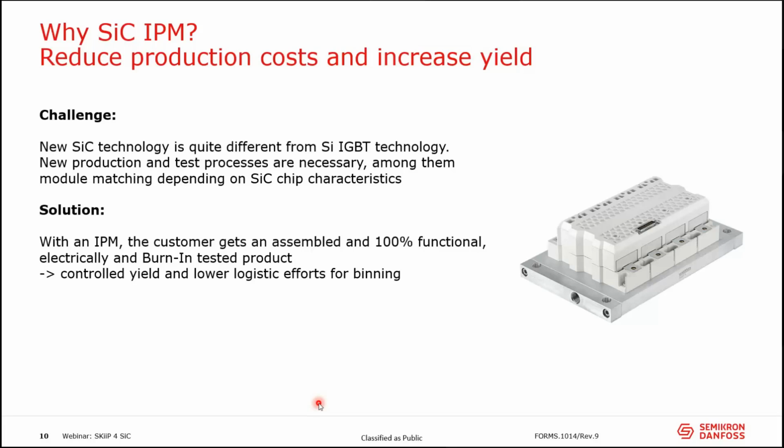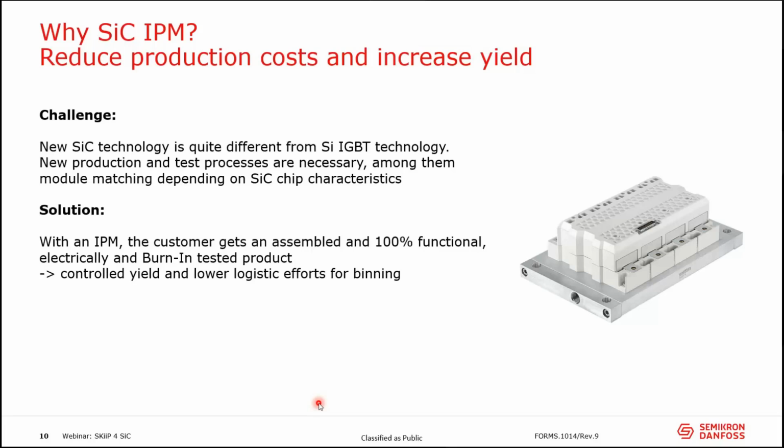With IPM, we have already implemented that 100% of the parts that we produce have the functional electrical and burn-in test as a must already today. So we have had this for at least 20 years. So there is controlled yield and low logistic effort.